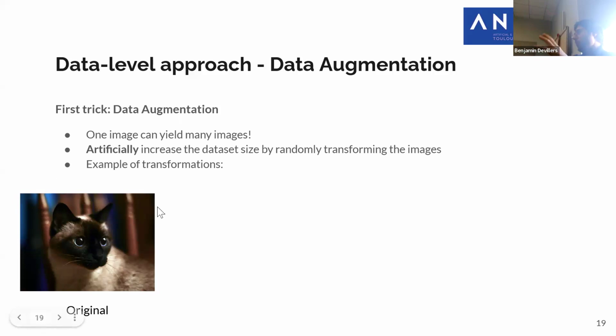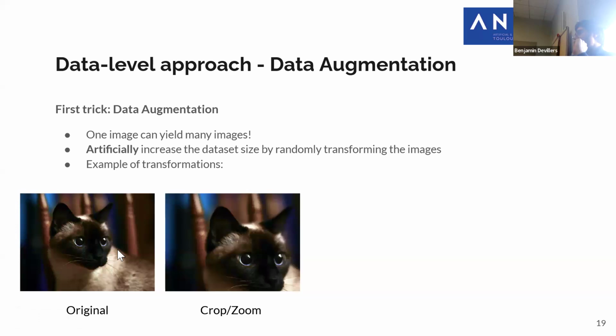So if you give one image to the classifier, it has a fixed representation. And one way of changing it a little bit would be to apply a transformation to this. So what if you do a crop or a zoom? Now we have a new image. It represents the same thing, but it's not exactly the same pixels. So the location changes.